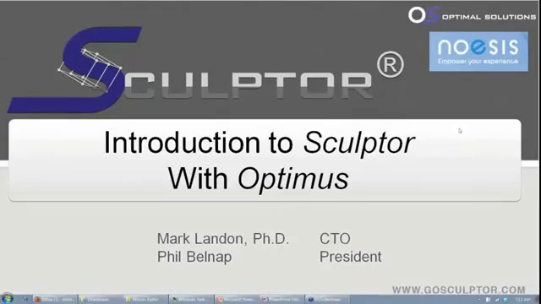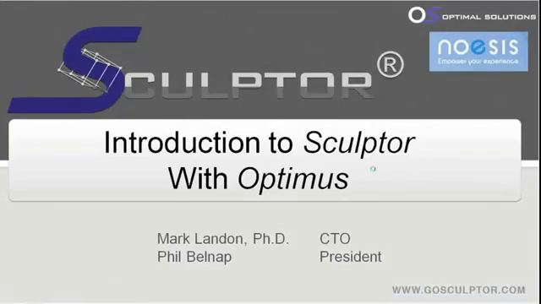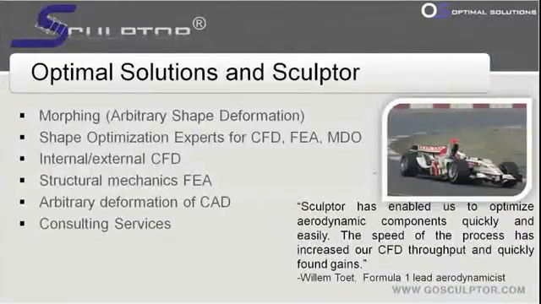Thank you, Mike. It's a pleasure to be here and give a presentation on an introduction to Sculptor and a little background on our company, Optimal Solutions. We're pleased to be working with Noesis and their tool Optimus. Optimal Solutions is the name of our company, and Sculptor is the name of our tool.